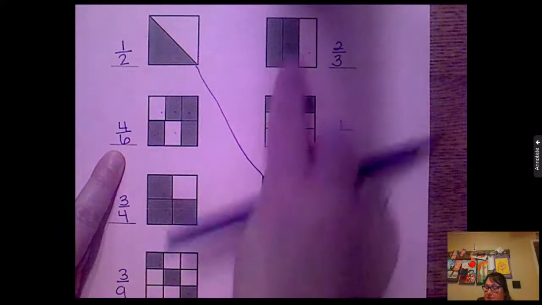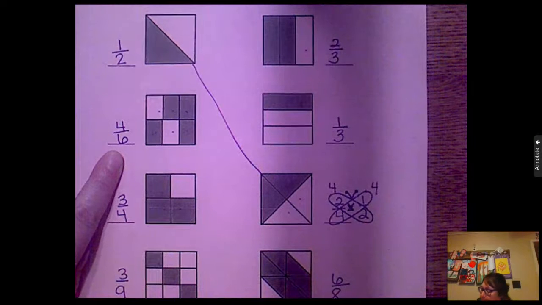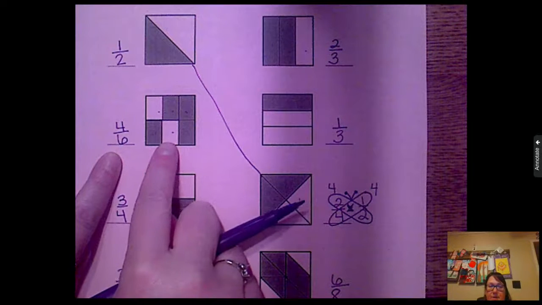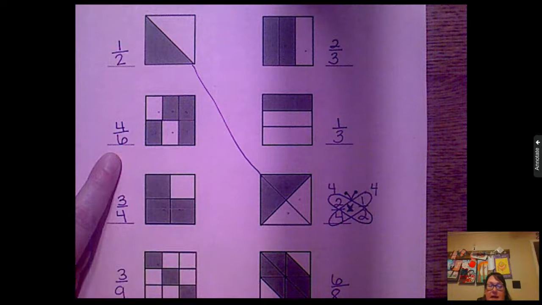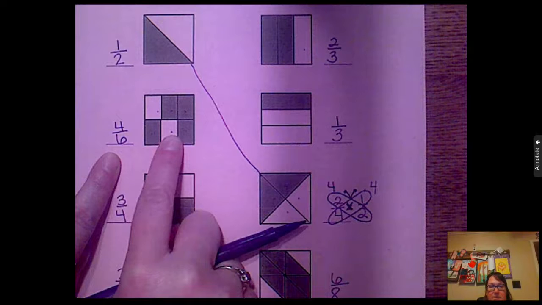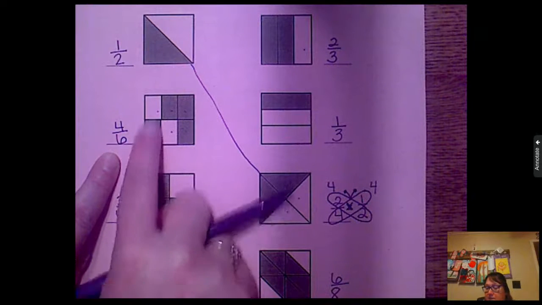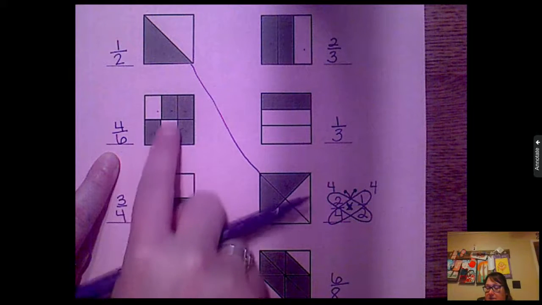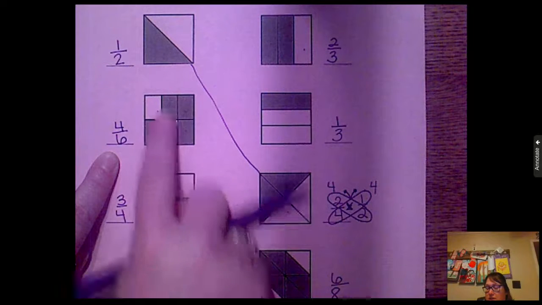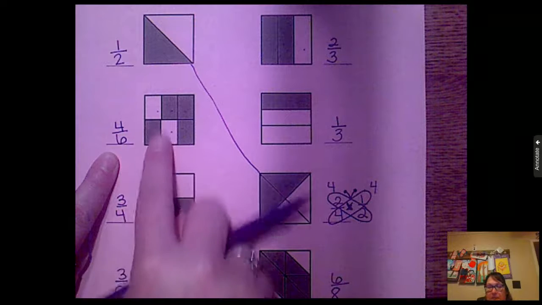So now I'm down to either this one or this one. Well, let's see. I'm kind of thinking about moving these pieces right here. Like, what if I move this piece over here? If I take this one piece and I move it and fill in this pink piece right here, then I would have two columns shaded, and then I would have one column pink.